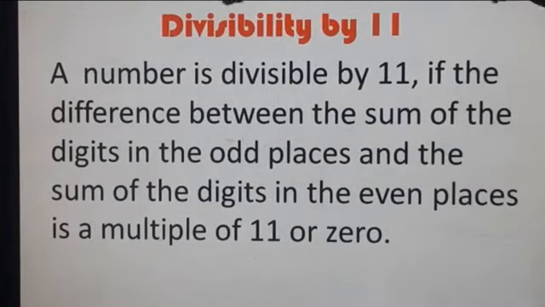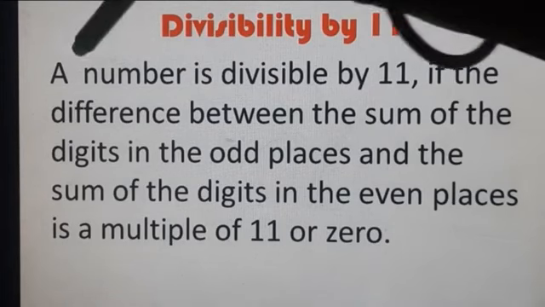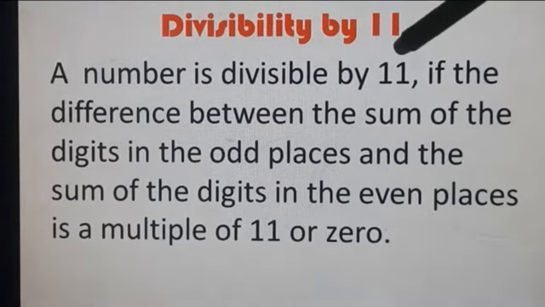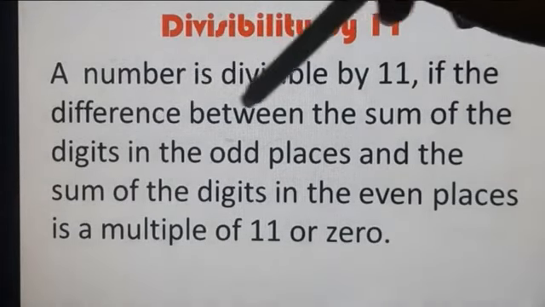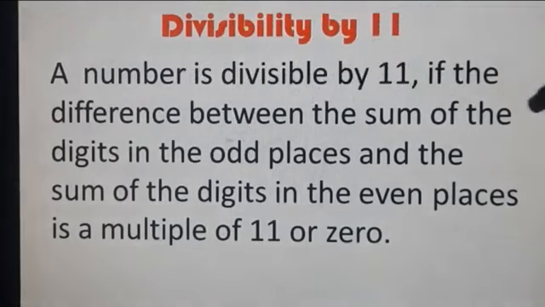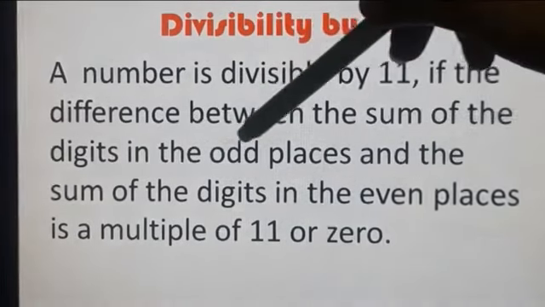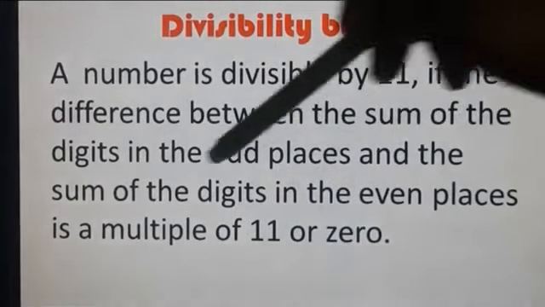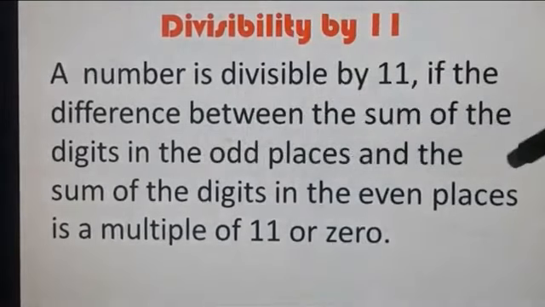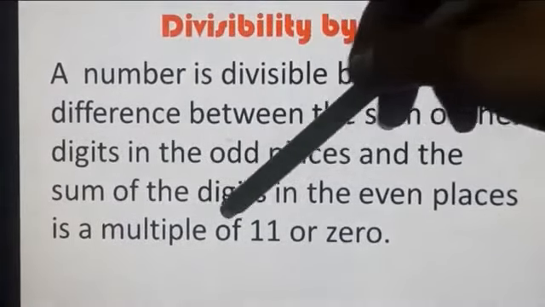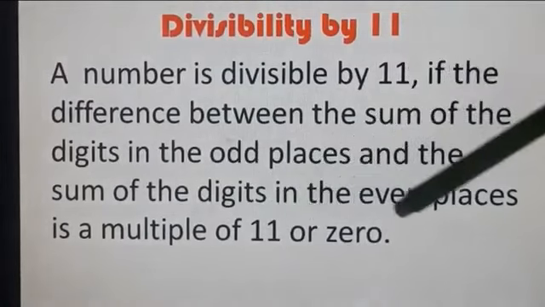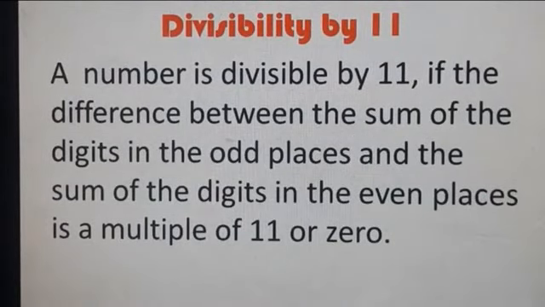Next rule is divisibility by 11. A number is divisible by 11 if the difference between the sum of the digits in the odd places and the sum of the digits in the even places is a multiple of 11 or 0. Means if we have to check whether any number is divisible by 11, first we will find the sum of the digits in the odd places.